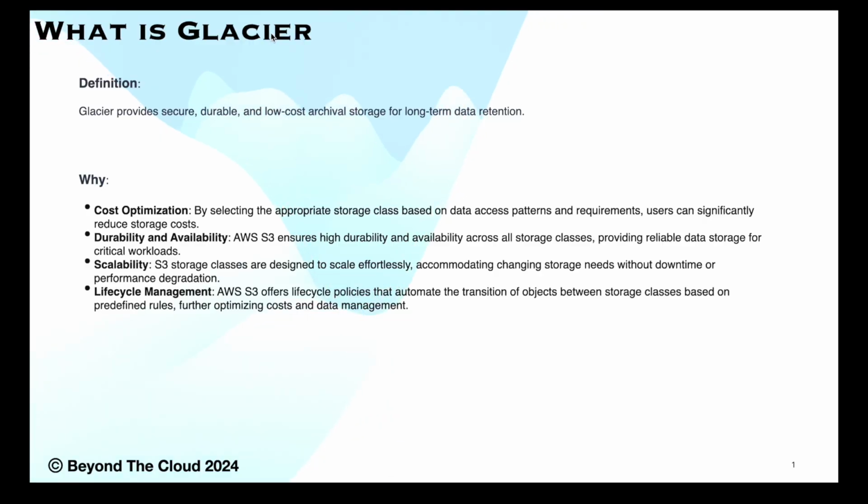So welcome to this tutorial on how we can restore an object from Glacier to our S3 bucket. Sometimes we need to restore a previous or past object to our S3 bucket so that we can analyze the data. So what is Glacier? What is an S3 storage class? I believe you know it.